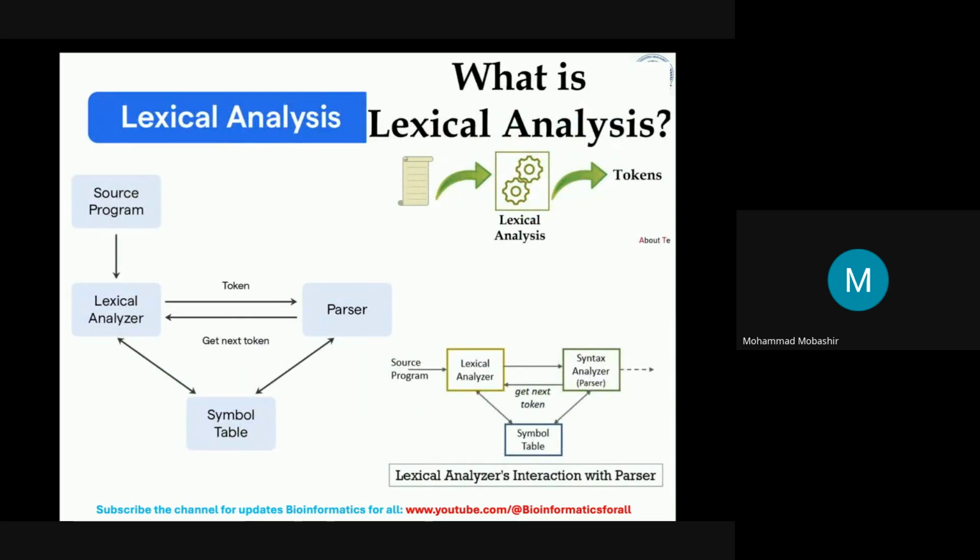Now, if you want to understand this lexical or morphological analysis, it could look something like in these three figures. The first figure on the right side corner is quite simple: you have the text in the form of a scanned version or in any format, and then you perform lexical analysis to convert them into tokens.